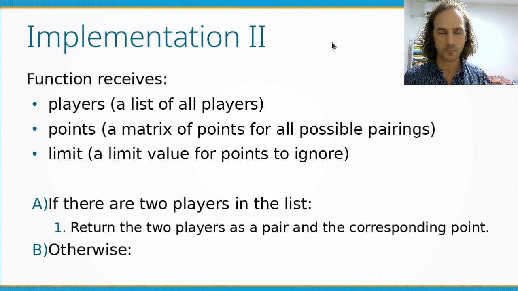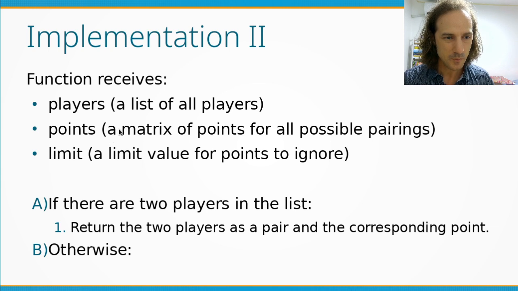So how I would approach this is having a function that gets all the players, the point matrix, which contains all the points for all the possible pairings, and the limit value. We will use the limit value to ignore pairings that would include ridiculously high points. So if any system would have the worst player matched with the best player, we'll try to ignore that.